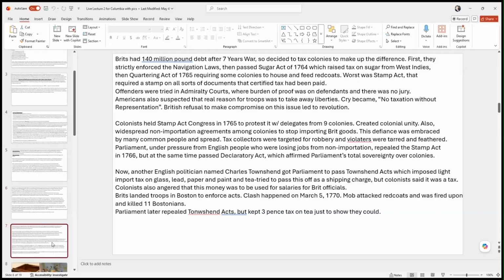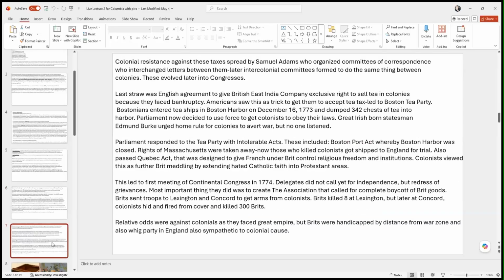So there's more and more resentment in the colonies over these taxes. And then the colonists found out more about the British tea tax. Most of the tea that the English used and sold was grown in India.